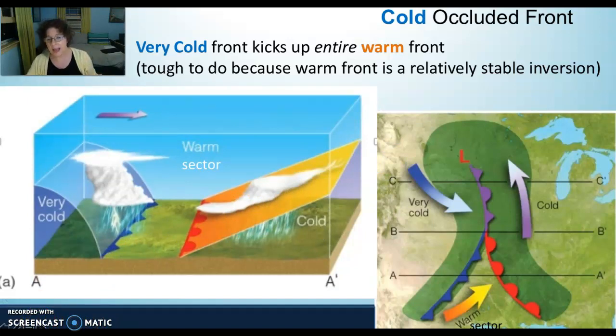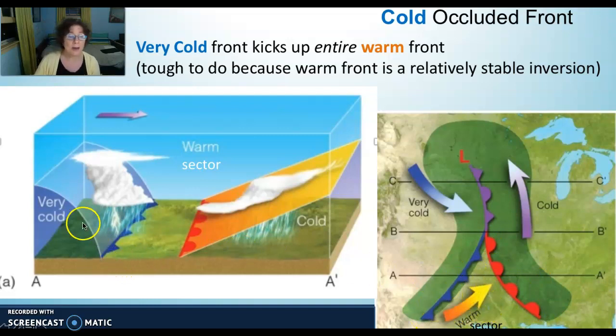This is A, the start of the timeline, B, in the middle of the timeline, and C, toward the end of the timeline for the occlusion. When we start the timeline, we start at A with a warm front, the warm sector, and the cold front chasing it.